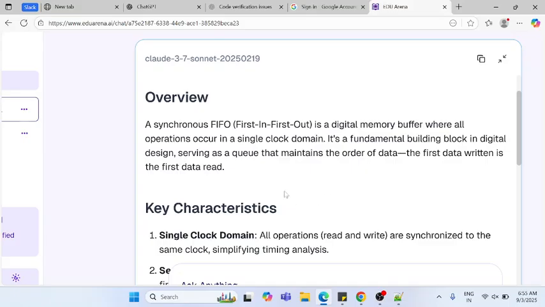Hello everyone. In this lecture, we will discuss the utility of various available LLMs for analysis of synchronous FIFO design.